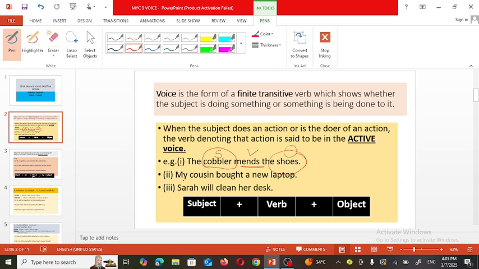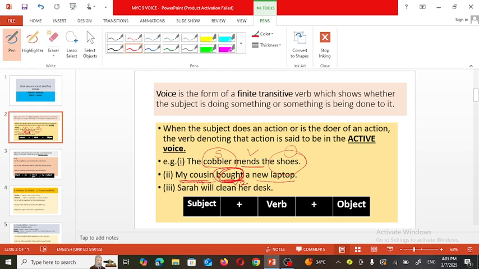See the next example. My cousin bought a new laptop. So what is the action? To buy is the action, here bought. The V2 form is used in the sentence. And that action is done by whom? Who is the doer?